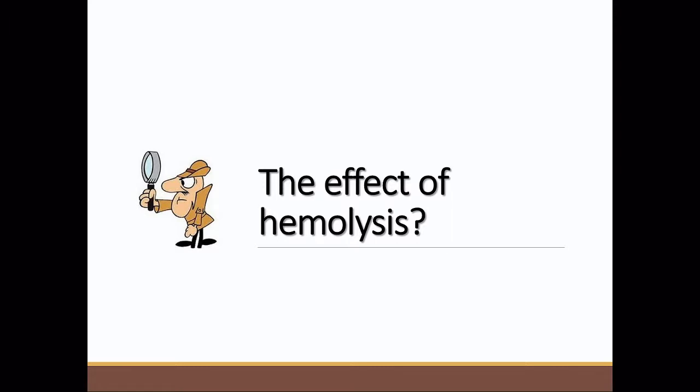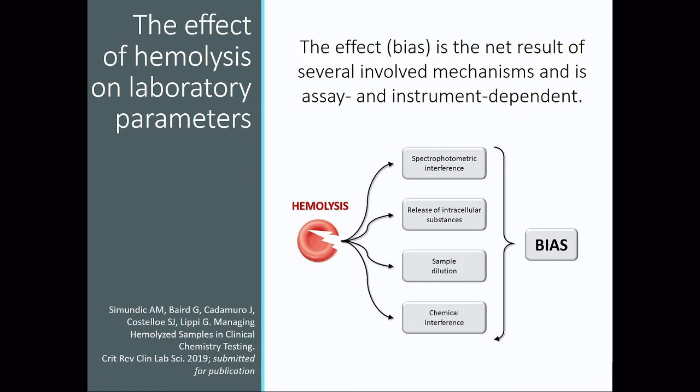So what is the effect of hemolysis? Well, the effect of hemolysis on laboratory parameters is actually a net result of all 4 mechanisms we just discussed, which interplay together and cause a bias on the laboratory assays that we measure.